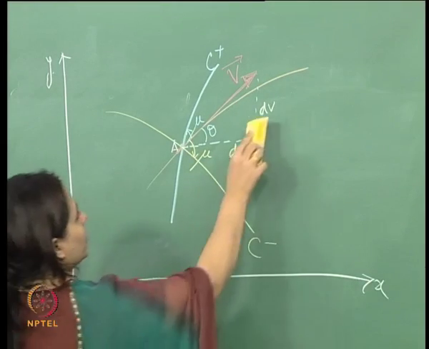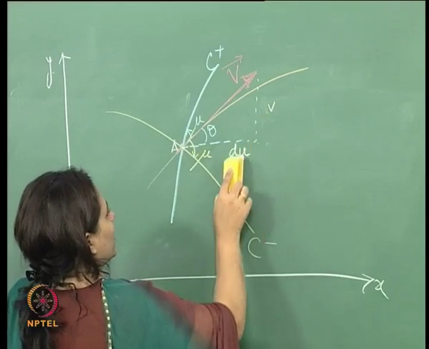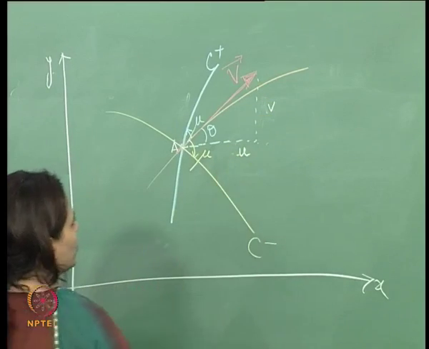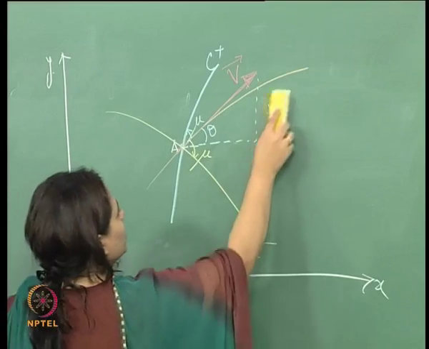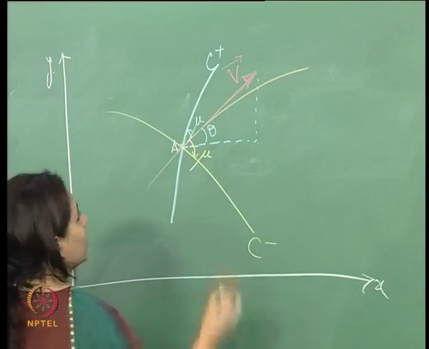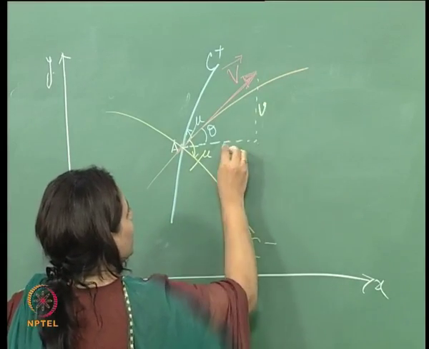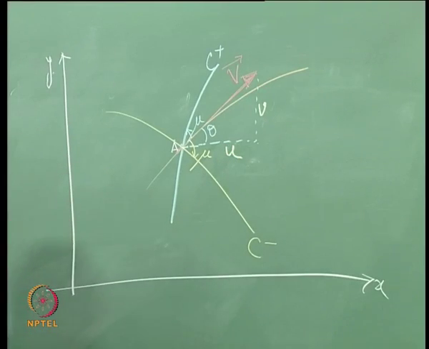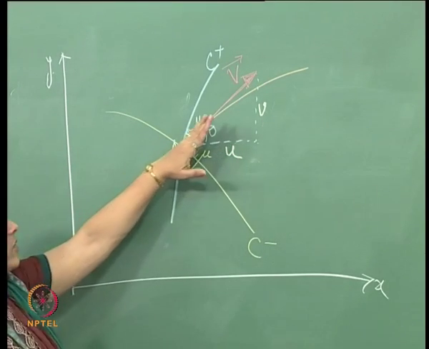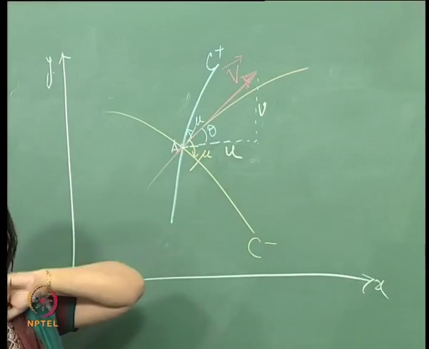Since I have a v over here, we can just say u and v. So essentially what I have over here is a v and a u, and this velocity vector is making an angle theta with the horizontal.